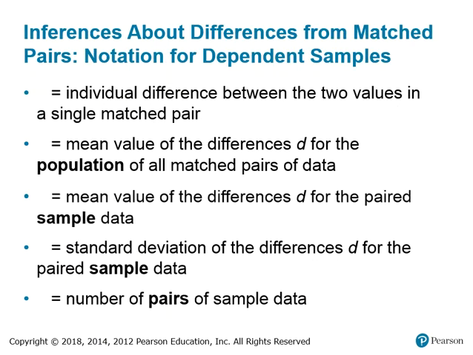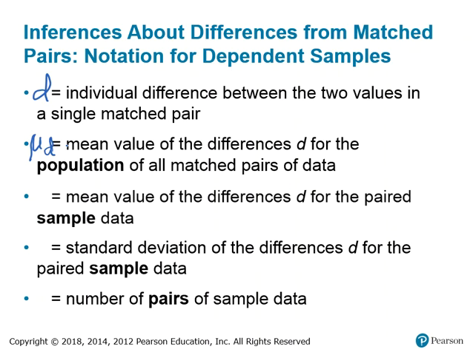So we need to make sure of our symbols or our notation. For an individual difference, we're just going to use the letter D. For the mean, it's going to be mu, but it is sub d for difference, because we are doing two and we're subtracting them.